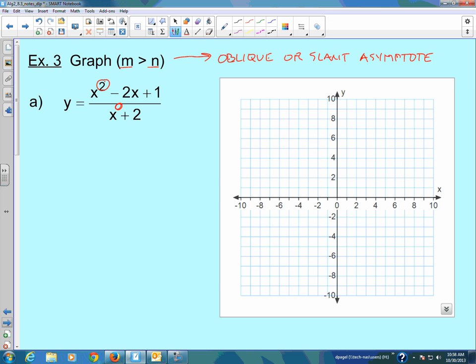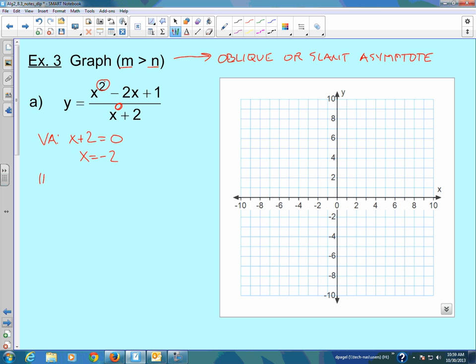So this is more of an FYI again. I'll show you how we would work through these problems, and then we'll wrap this thing up. Vertical asymptote, same old story. X plus 2 equals 0, so therefore x equals negative 2 is your vertical.